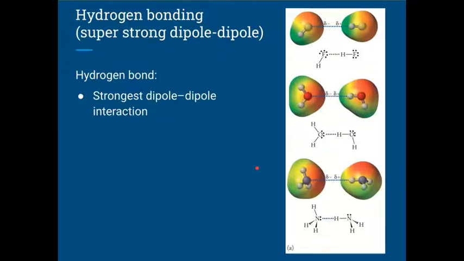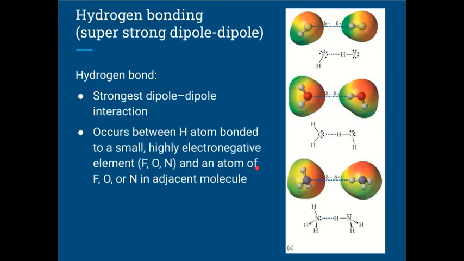This is the strongest dipole-dipole interaction. It occurs between a hydrogen atom bonded to a small, highly electronegative element, either fluorine, oxygen, or nitrogen, and an atom of fluorine, oxygen, or nitrogen in the adjacent molecule.